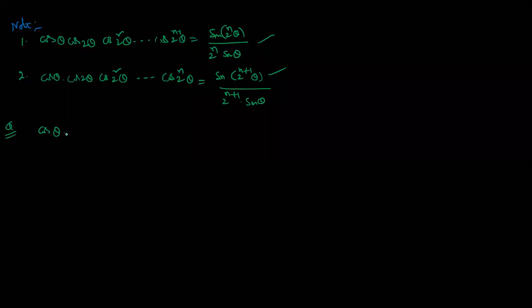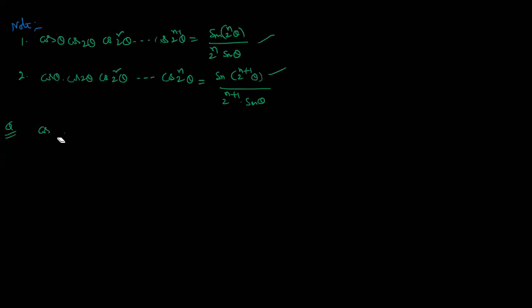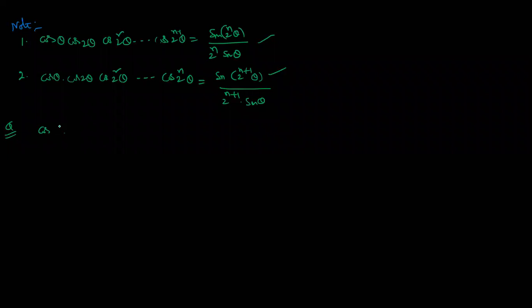See. Now question. Cos A, cos 2A, cos 4A, cos 8A is equal to dash, anyone? What is the answer? So how many terms are there? 1, 2, 3, 4.